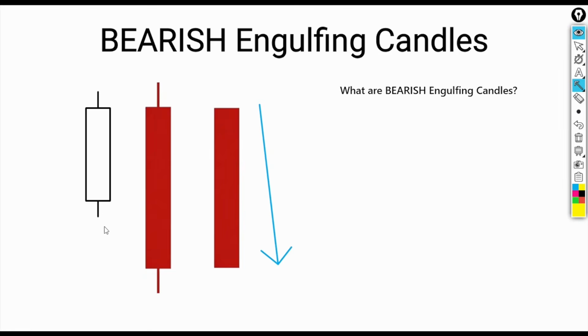Now, if you look to the left here, I've gone ahead and drawn up this imaginary candle right here. And you'll notice that the bearish engulfing candle to the right engulfs the previous candle, because it broke and closed below the previous candle, ultimately engulfing it.